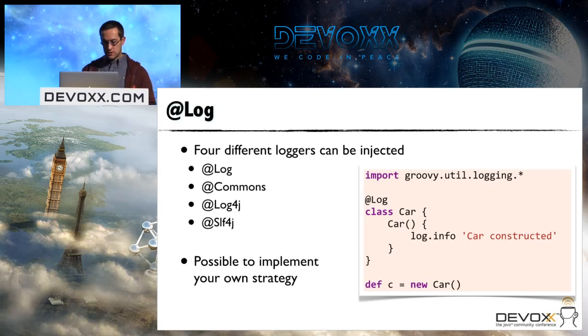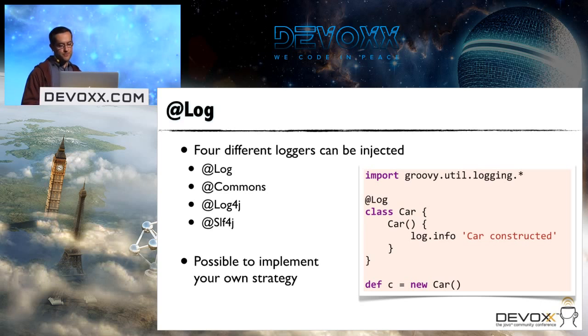I'm going to cover just a few of them, like the log transformation. If you annotate a class with @Log, it's going to create the logger and instantiate the logger field for you. And so it supports different kinds of logging libraries like Java util logging, commons logging, log4j, slf4j. You can also create your own if you have your own logging strategy.